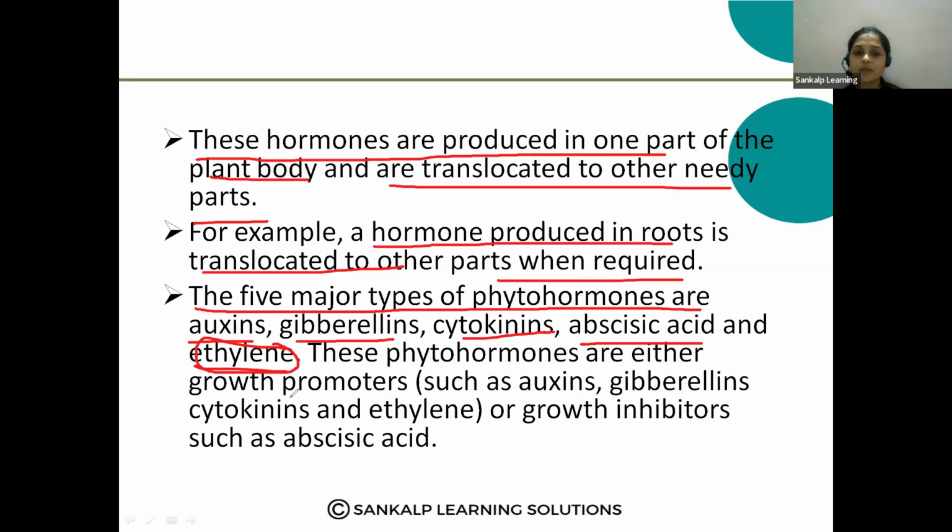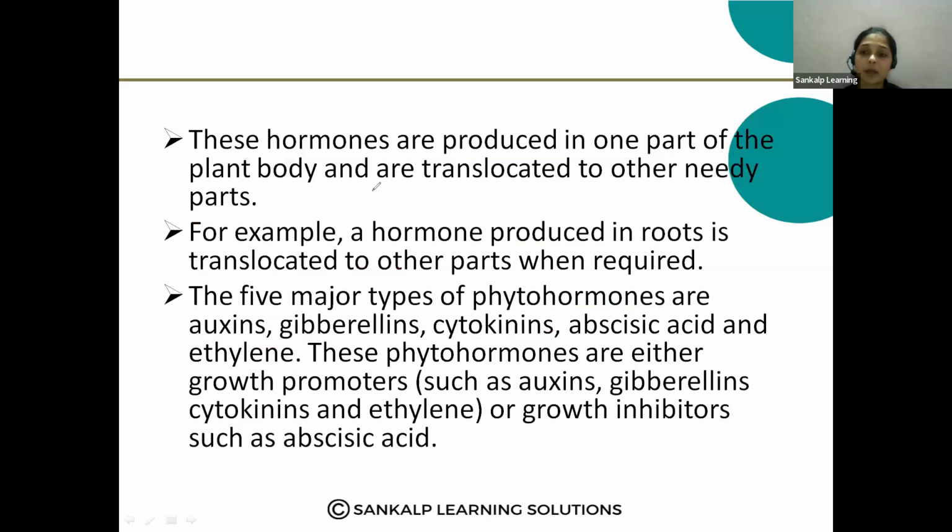Auxins, gibberellins, and cytokinins help for the growth of the plant, and abscisic acid is the growth inhibitor.